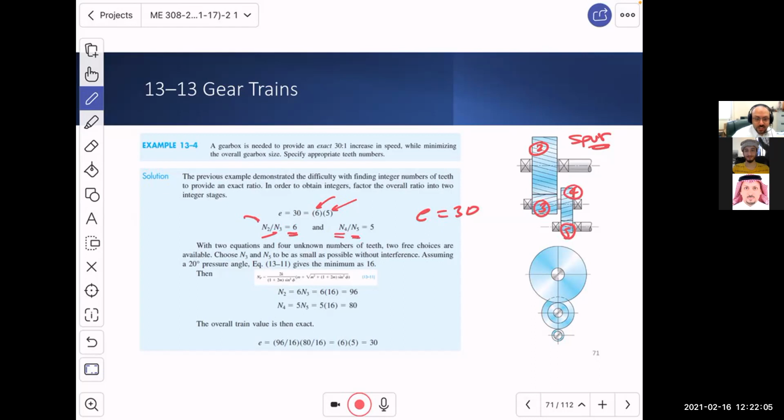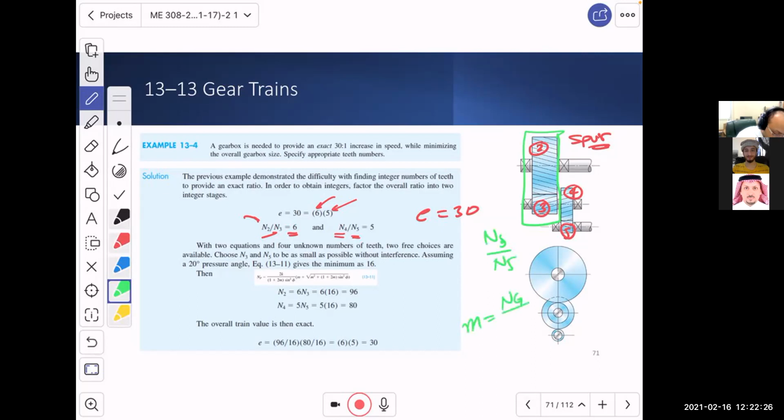By knowing the gear ratio exactly, I can go to the first set and say, all right, this is the first set. I know what is N3 over N2. Actually, I should know what is N3 over N2 because the gear ratio m is N for the gear over N for the pinion. All right? So look, I brought the equation right here for you.